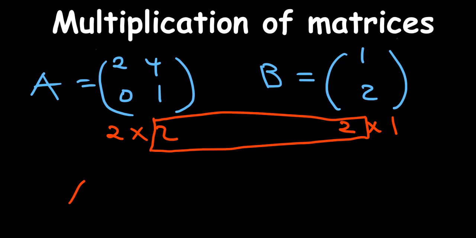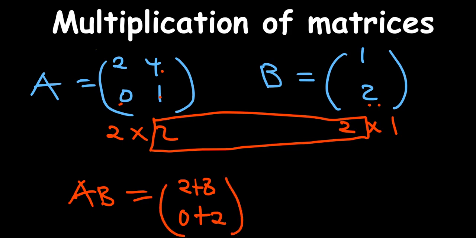So AB will be 2 multiplied by 1, we get 2, plus 4 multiplied by 2, we get 8. And then 0 multiplied by 1, we get 0, plus 1 multiplied by 2, we get 2. So our matrix AB will be 10 and then 2.